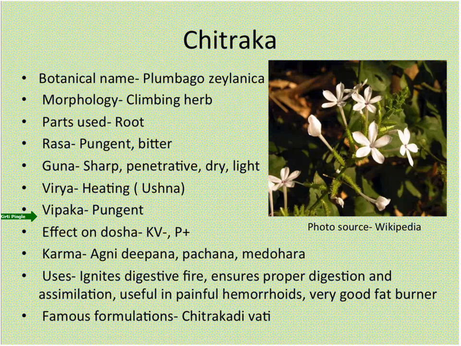So Chitrak is slightly more heating than Pippali. You have to be very careful with selecting your herbs. Depending upon prakriti and the health of that person, you have to select between these different herbs.